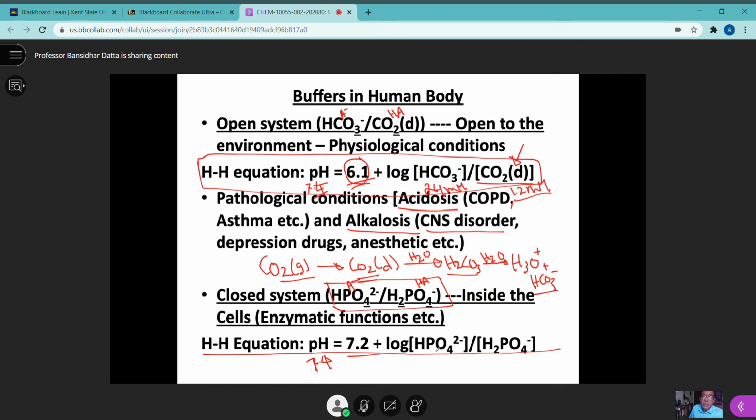You need only 12.25 millimolar concentration of this, and 7.75 of this, and that's good enough to maintain the pH inside the cells. There's no disease associated with this.